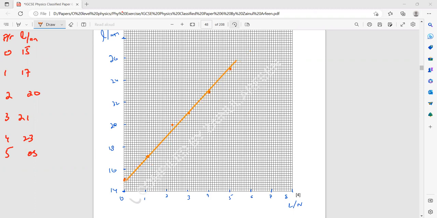A best fit straight line should have an equal number of points above and below. So approximately, one point is here and one point is down and one is closer. So it balances the other points. Is it clear?